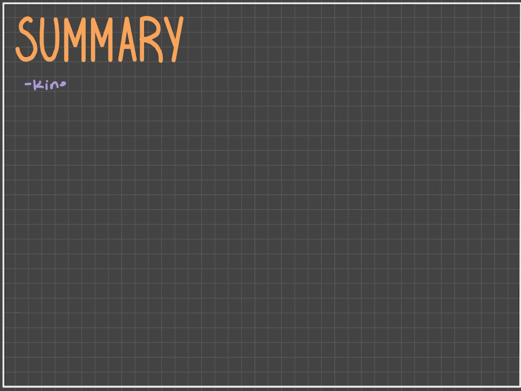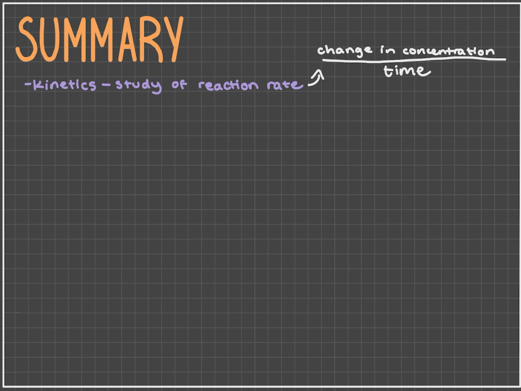Okay, so as we wrap up this lesson, I want to do a quick recap of what we covered in today's video. Kinetics relates to the rate at which a chemical reaction occurs, and it can typically be expressed as change in concentration over time. We can look at graphs to determine average concentration over a certain interval of time.